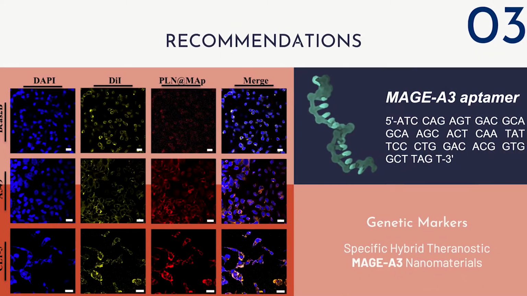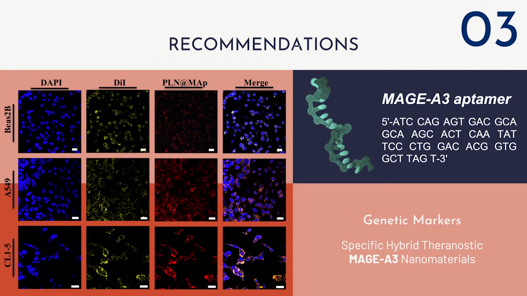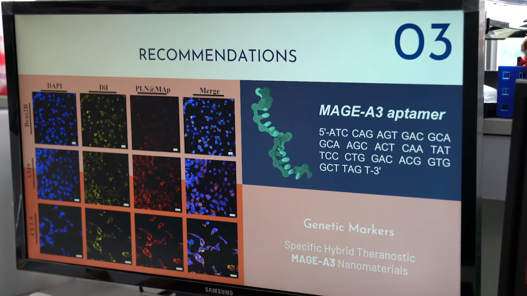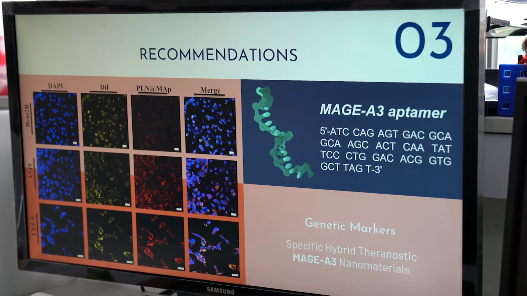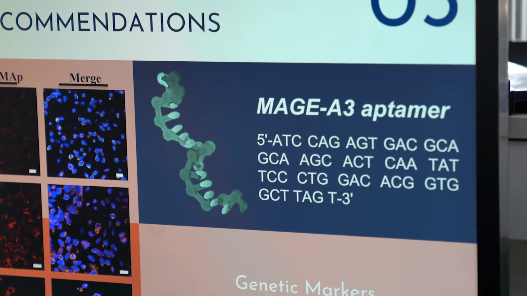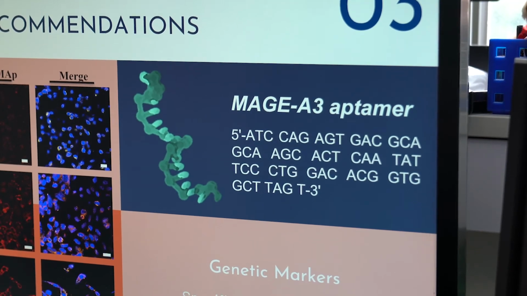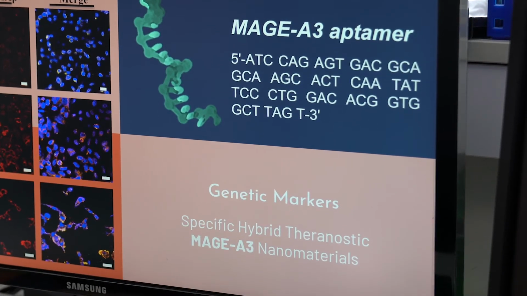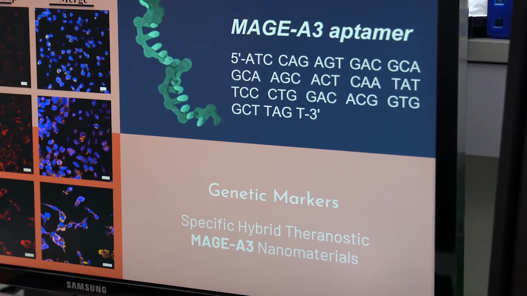In order to give our nano platform targeting ability, we use the MAGE-A3 aptamer to modify the surface. The MAGE-A3 aptamer can recognize the MAGE-A3 receptor on the cancer cells, because cancer cells express a high level of MAGE-A3 receptor.